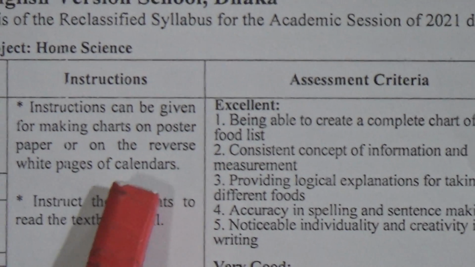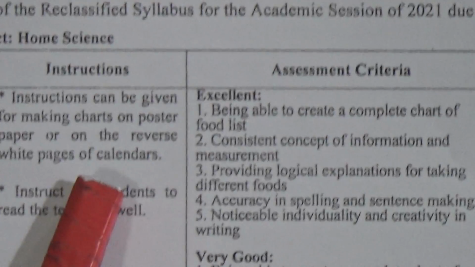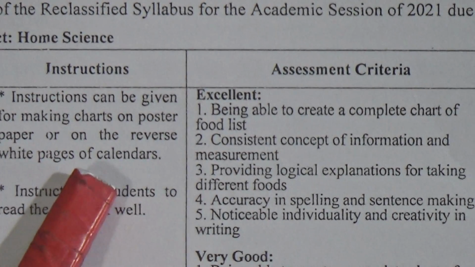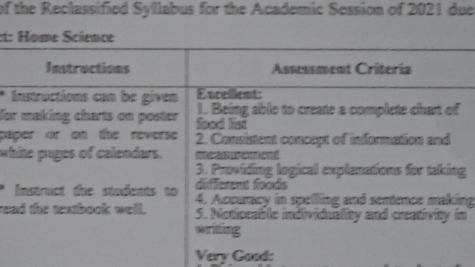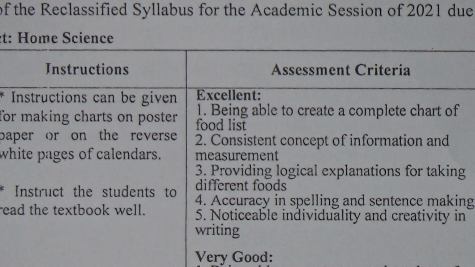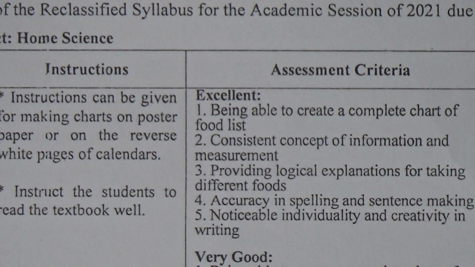The opposite side of the calendar is totally white, and you can write there. So students, I hope you can understand. You will make this chart. You will explain the rationale for taking different group foods, why it is important to take all types of food in everyday life. You will make this chart on poster paper, or you can use a calendar.